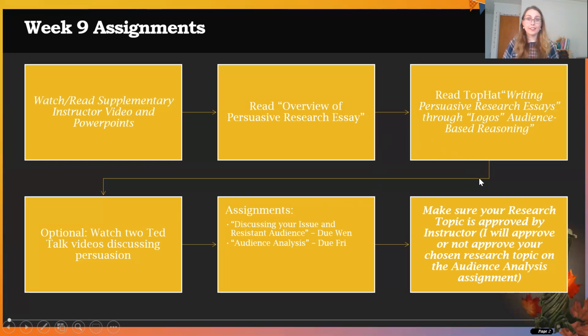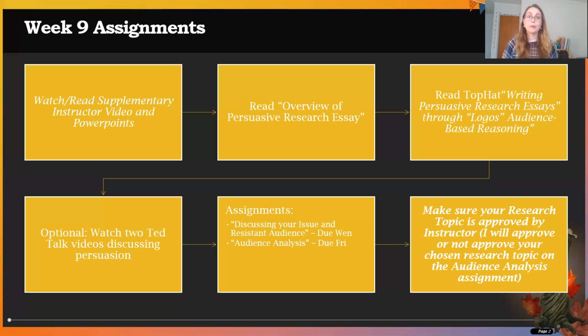In your audience analysis, once you submit it, I will either approve or not approve your chosen research topic and the accompanying resistant or skeptical audience. This is for your benefit so that you don't end up writing or sticking with a topic that is just not going to work out for this sort of essay.